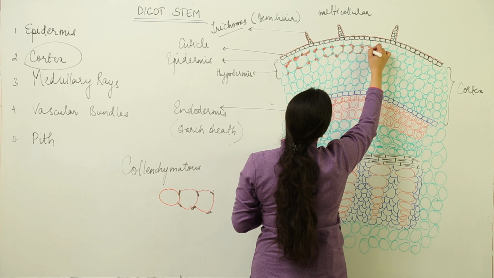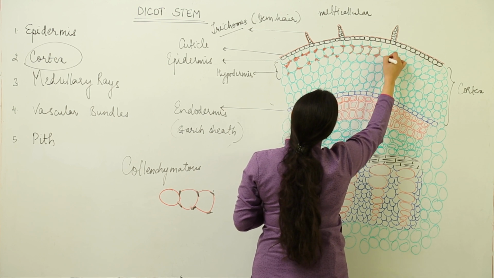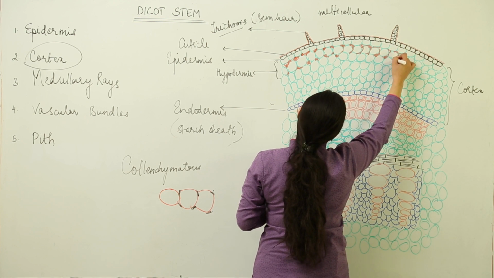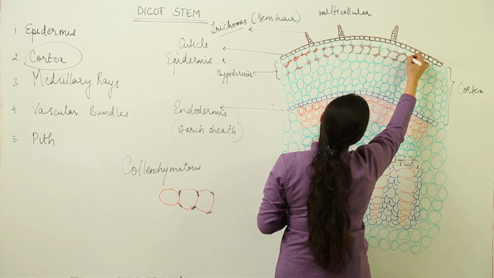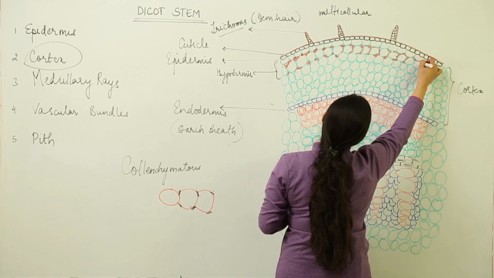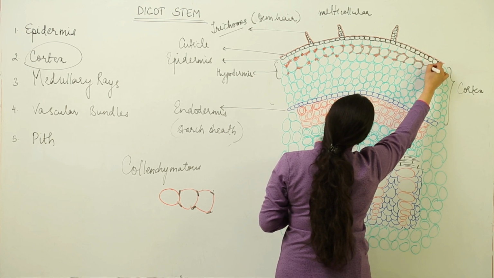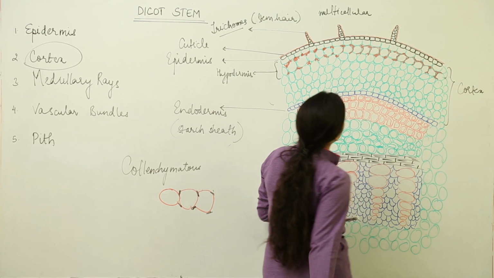As you can see, you can just put these as angular thickenings. Now because there are angular thickenings, the hypodermis would be responsible for providing extra strength to the plant. One point of difference from the root is that in the stem we are studying, there are no such thickenings or arrangement in the cortex.